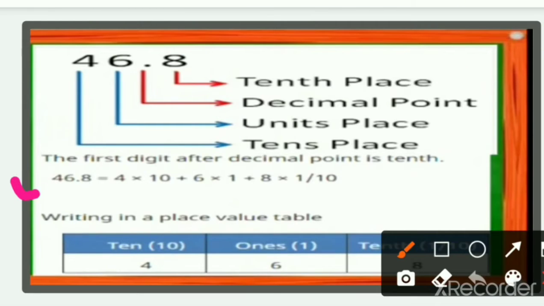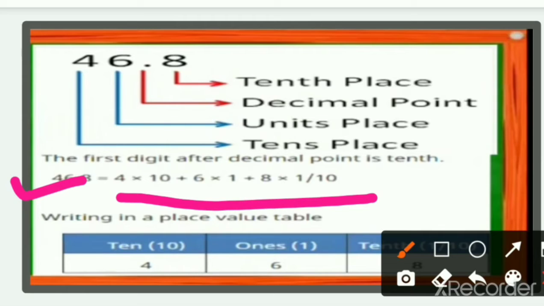Now we move to this. We have 46.8. How to represent 46.8? This is the tens place, so 4 into 10, plus 6 is the ones place, so 6 into 1. Then again plus, it is given the tenths place, 8 is in the tenths place.